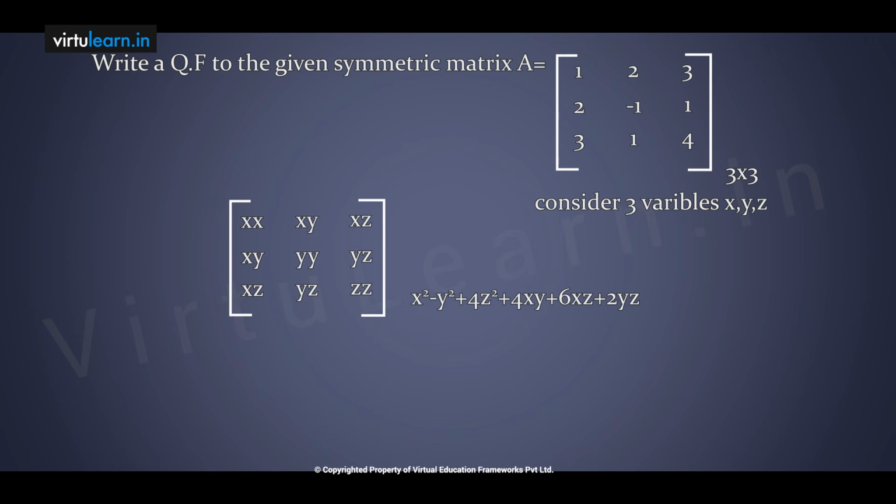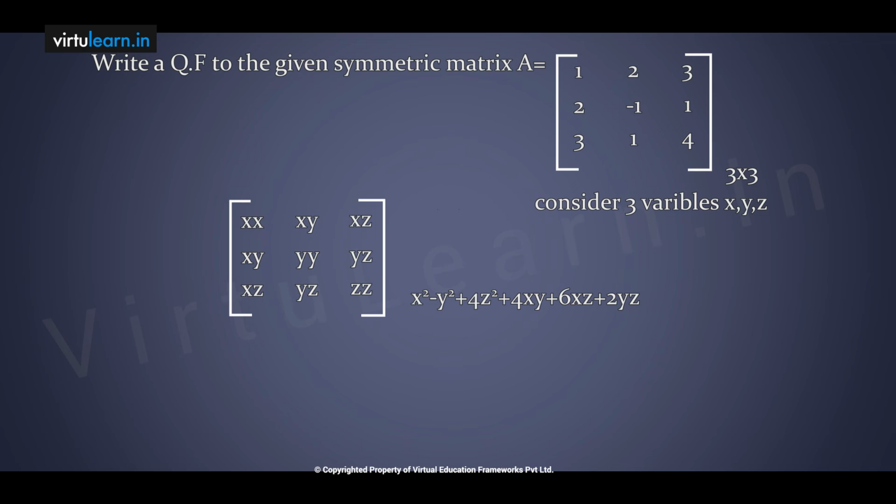In the third, you fix z, z, z. After that, in the first row you write x, y, z. In the second row again x, y, z. In the third row again you write x, y, z. Now the coefficient of xx is x square, the coefficient of yy is y square, the coefficient of zz is z square.